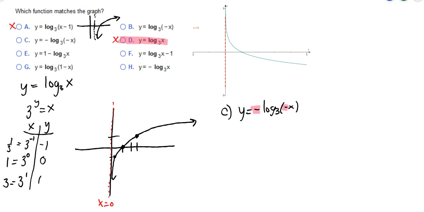So starting with our base graph, if I reflect it horizontally, it would go like this, but then I also need to reflect it vertically, so it's going to go like this. And that doesn't match, so that's not our answer.